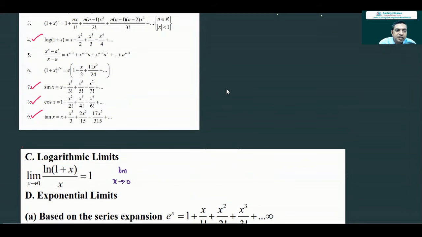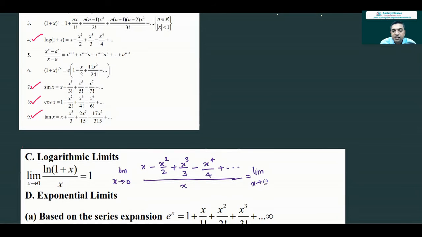Log of 1 plus x is, you see at the top here, x minus x square by 2 plus x cube by 3 minus x power 4 by 4 plus so on, divided by x, which is equal to limit x tends to 0, 1 minus x by 2 plus x square by 3 minus x cube by 4, so on.